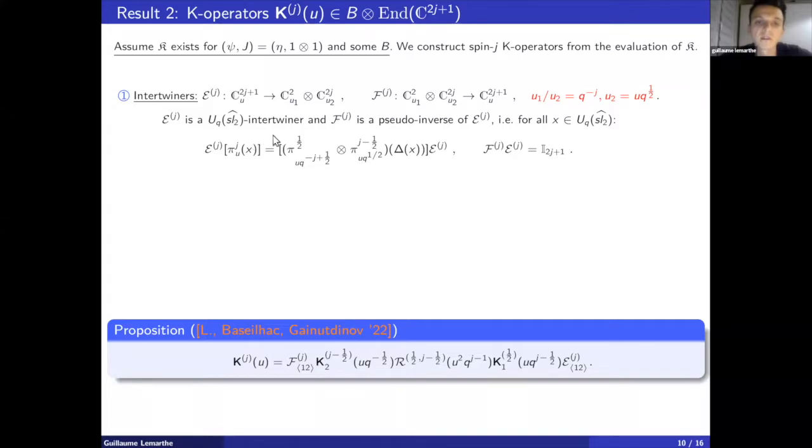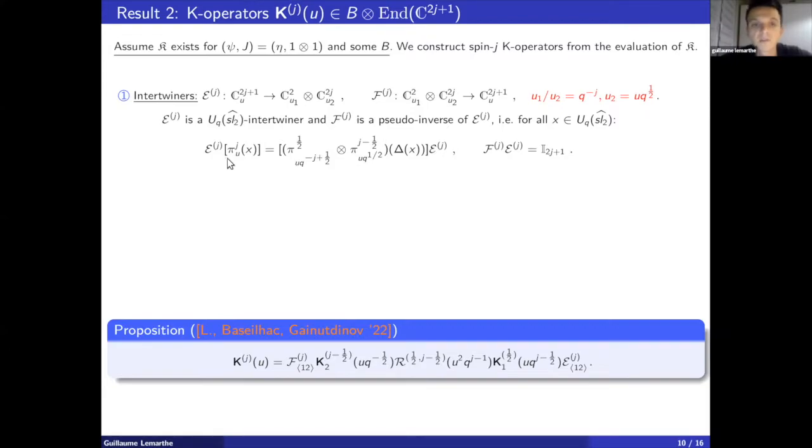It means that for us, E will solve such equation. So when E acts on a pi j representation of any element in U_q sl2 affine, and when it goes from the left to the right, it splits this part into a pi 1/2 times pi j minus 1/2 with a delta. And it fixes also these u1 and u2 parameters.